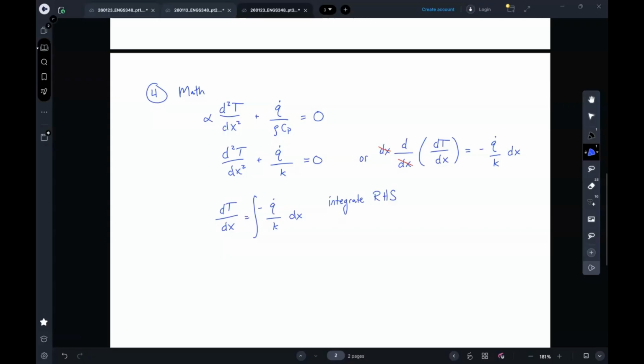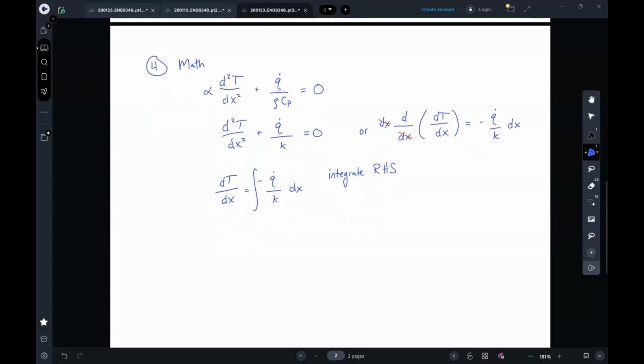So this is a pretty easy one to integrate because q is a constant and k is a constant. So I'm integrating a constant with respect to x. So I have dT/dx equals minus q over k times x, but I have a constant of integration c1. So how I get rid of my constants of integration is I use my boundary conditions.